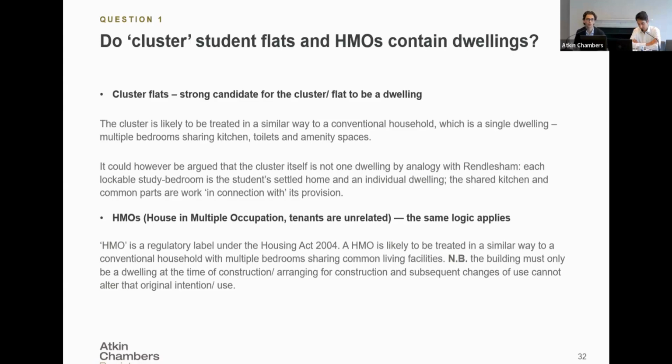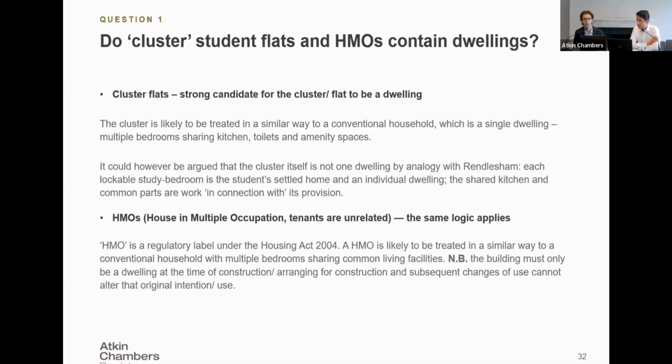HMOs, I think the important point to stress here is that temporal point we made earlier, that what you're considering is the intent at construction or arranging for construction. A lot of HMOs, at least in my experience, have been subsequently converted to HMOs from domestic detached dwellings, which may have been in individual households to begin with.